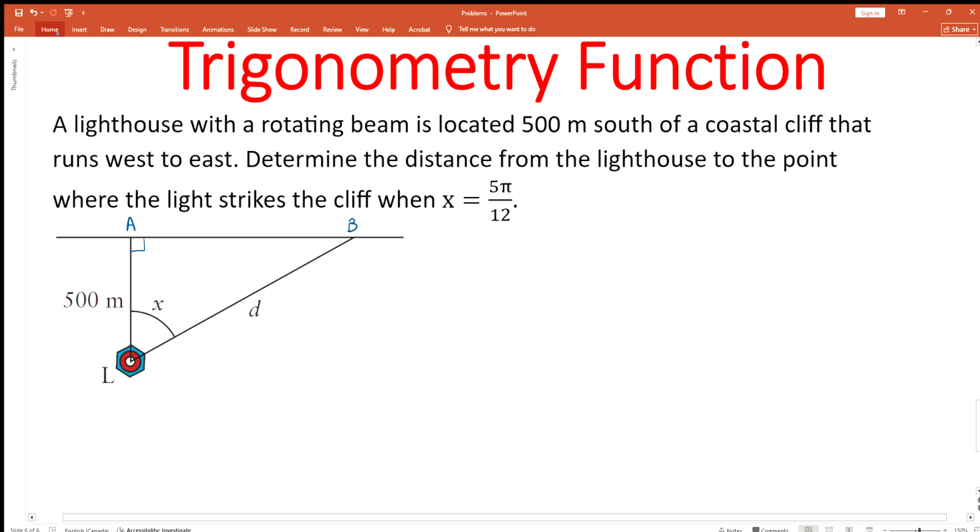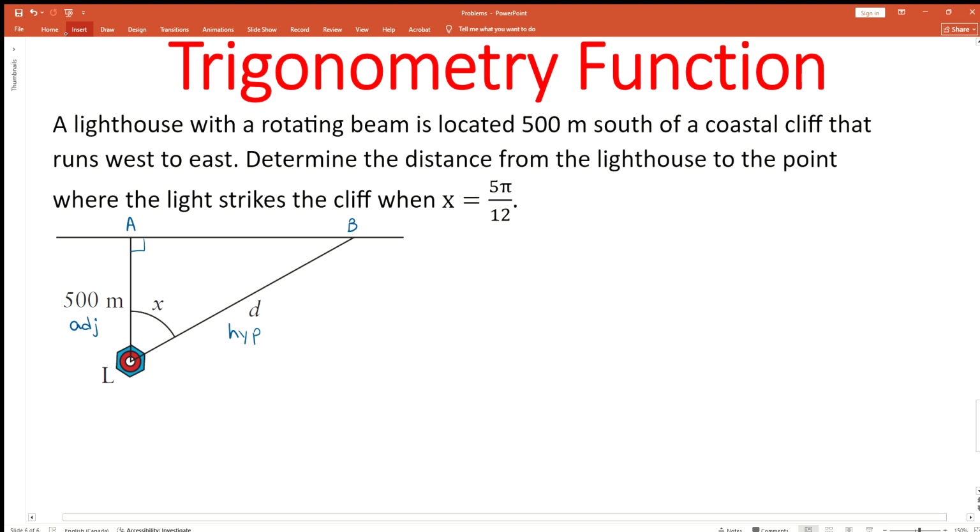The first step is to write an equation for D using the information given in the problem. This is a right angle triangle. We are given the length of side LA. We can use SOHCAHTOA to write an equation for D. For the angle X, the 500 meter side represents the adjacent side and side LB is the hypotenuse of the triangle.